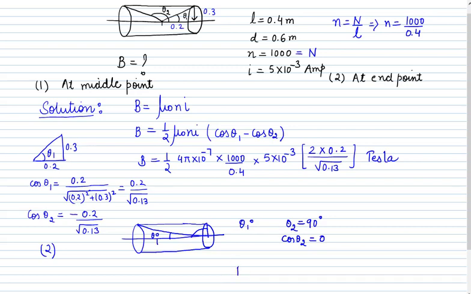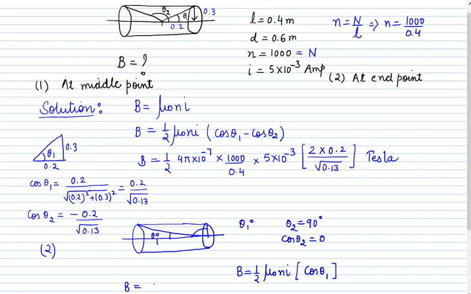So we'll have B is equal to half mu naught I. N is the number of turns, so we'll multiply it with N also. So half mu naught Ni and cos theta 1, because cos theta 2 is 0 already, cos 90 is 0. So this is cos theta 1. So just put all the values.